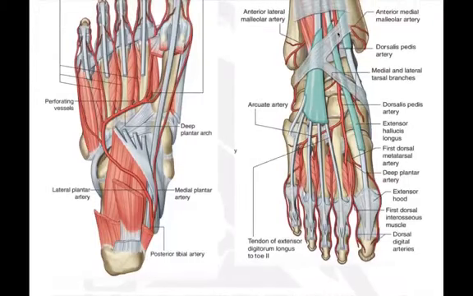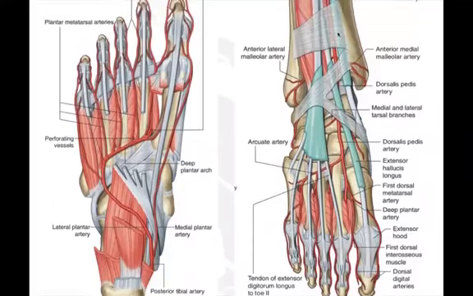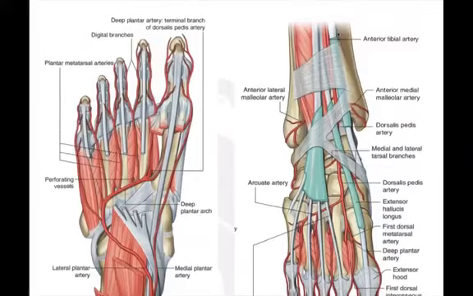On the left hand side you are seeing the sole of the foot. Here you can see two arteries mainly, one the medial and another the lateral, right? Both of them are continuations of the posterior tibial artery. The lateral one will be articulating with the dorsalis pedis, as a deep plantar artery.